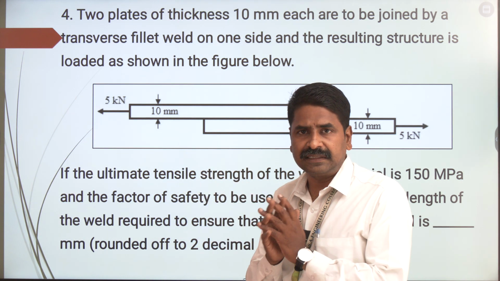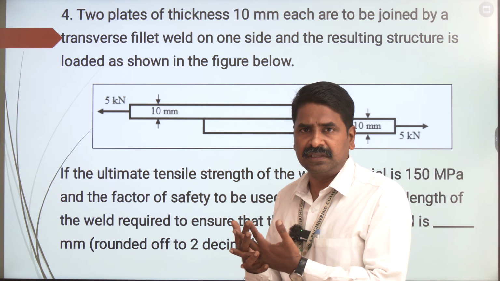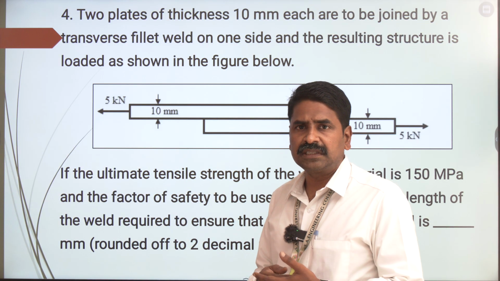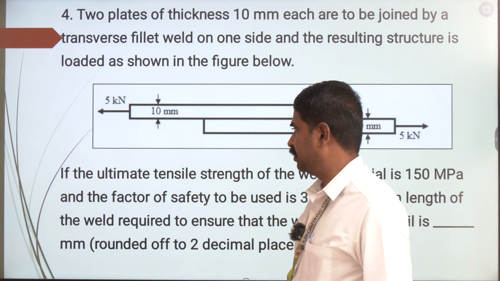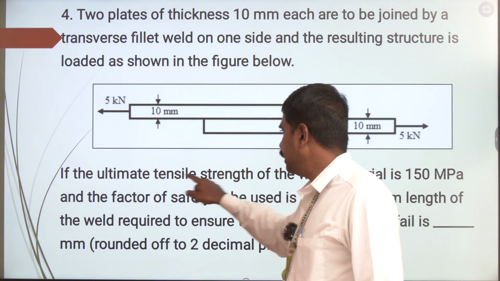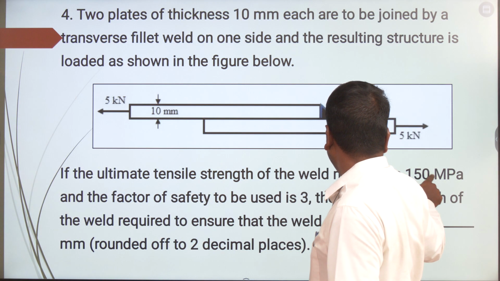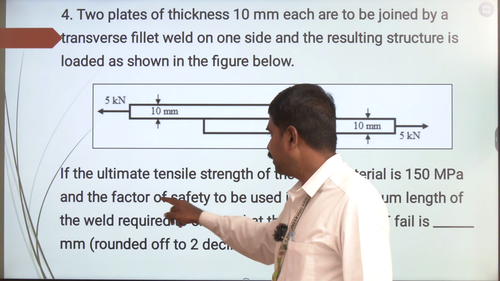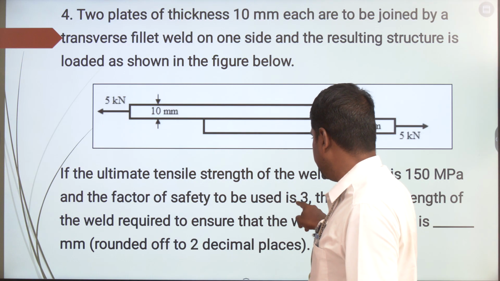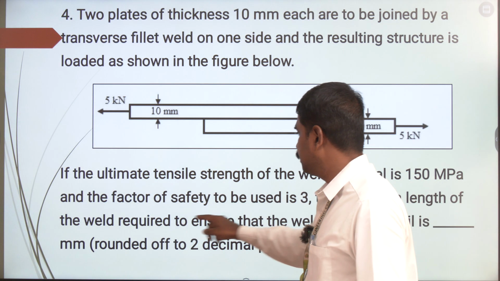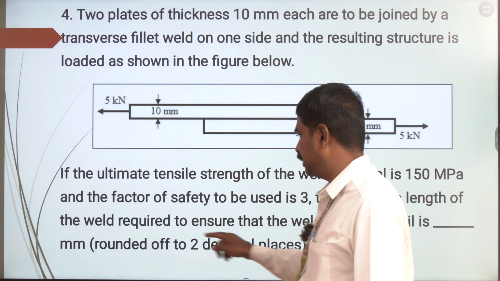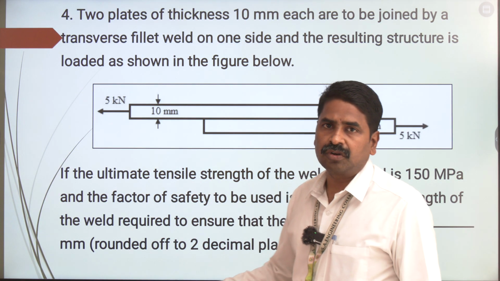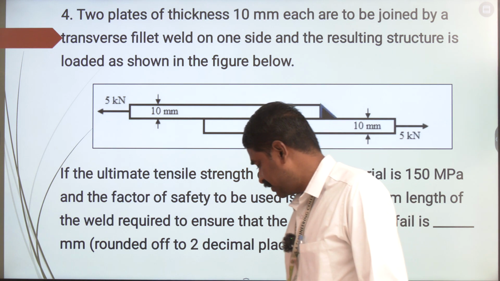So the load which can be withstood by this joint after fabrication should be maximum 5000 Newton or 5 kilonewton. Then if the ultimate tensile strength of the weld material is 150 megapascals and the factor of safety to be used is 3, the minimum length of the weld required to ensure that the weld does not fail is dash mm, and they are asking you to round off the value to 2 decimal places.